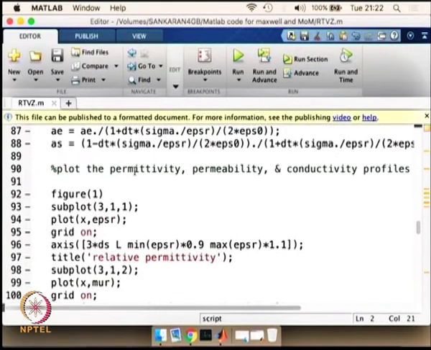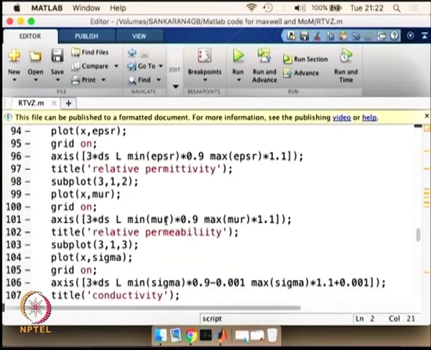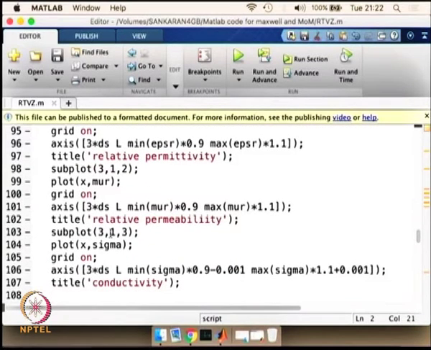And what we are plotting here is the permittivity, permeability, conductivity profiles. Apart from that, we are also plotting the propagation of the wave itself into the new medium. So let us start simulating this problem for a simple case and see how this particular setup is reflected in the physical movement of the wave inside a new medium.